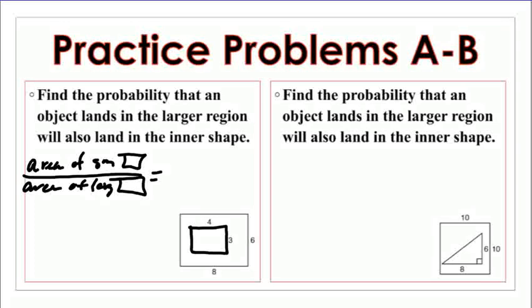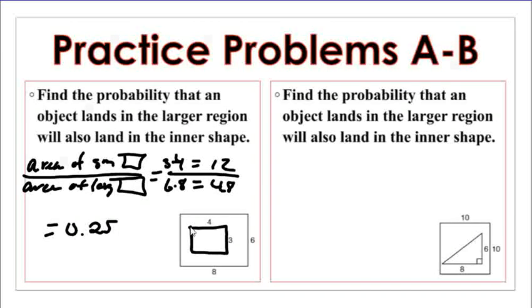So the large one, 6 times 8 is 48. And the area of the smaller one is 3 times 4, which is 12. So 12 divided by 48 gives us 0.25.